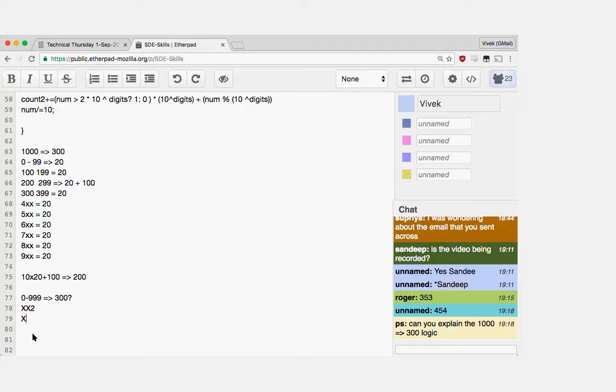So it's more like a permutation problem wherein you have XX2 which can occur in 100 different ways, X2X format which can occur in 100 different ways, and 2XX kind of numbers which can occur in 100 different ways. So between 0 and 999 there are basically 300 different 2s which can occur. Okay, does that make sense?